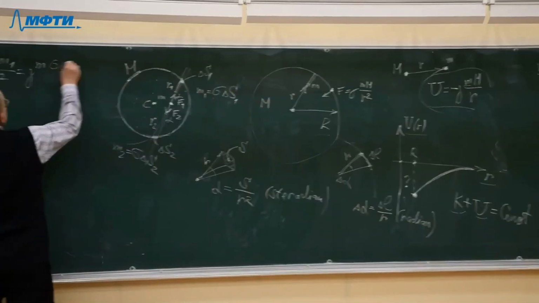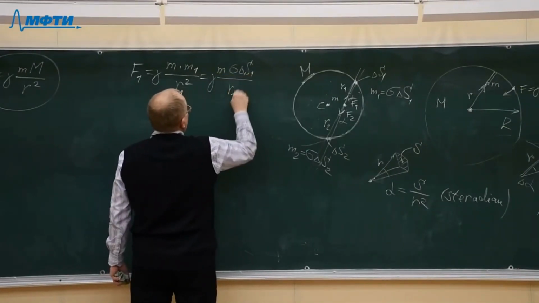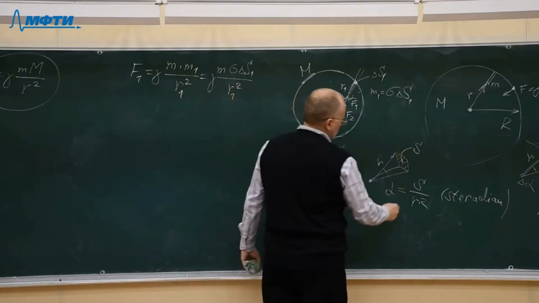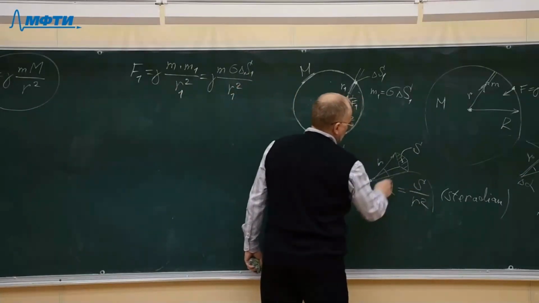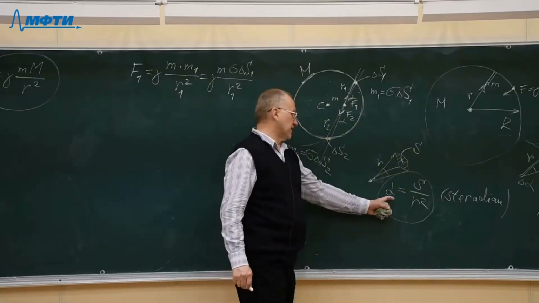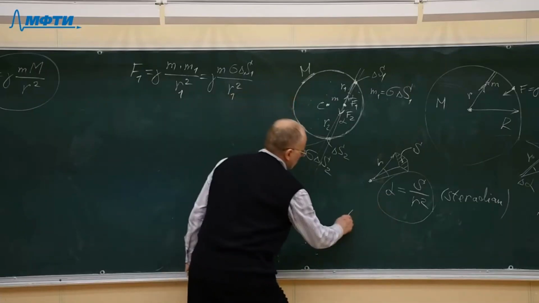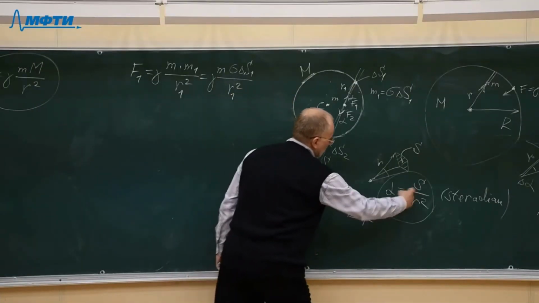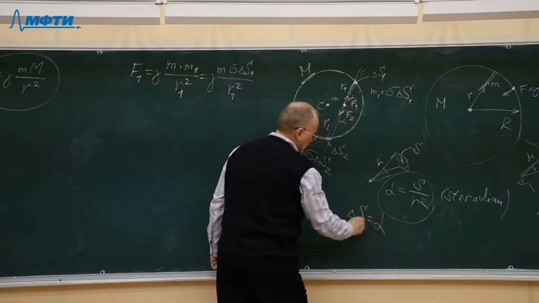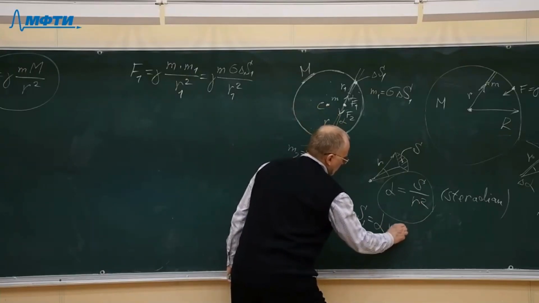Sigma delta S1, the surface density over r1 squared. And delta S1, using the definition of a spatial angle, or in steradians, we can say that delta S1 must be equal to this angle alpha, which is a solid angle, times radius r1 squared.